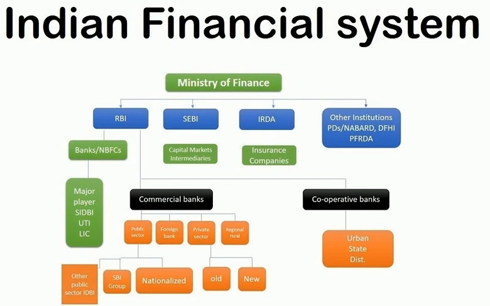So, generally establishment of various types of development banks happened between 1955 to 1964. In 1955, ICICI, that is Industrial Credit and Investment Corporation of India, was established in private sector, which was landmark in development banking in India.